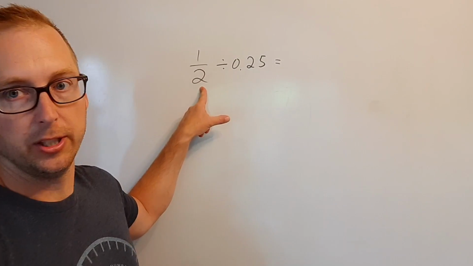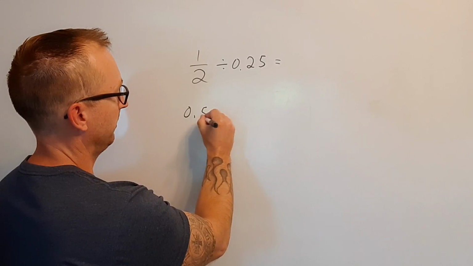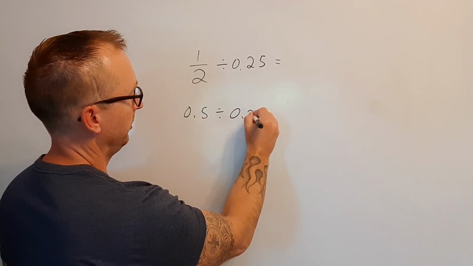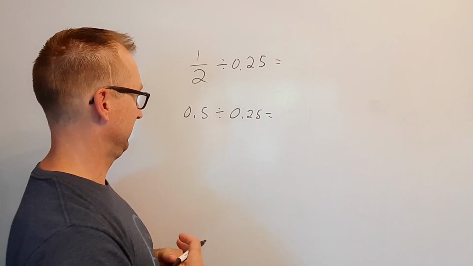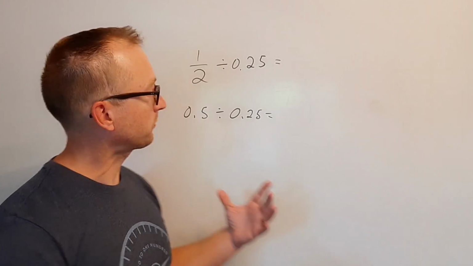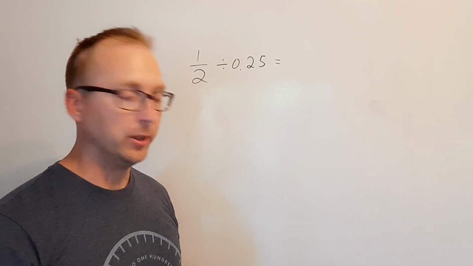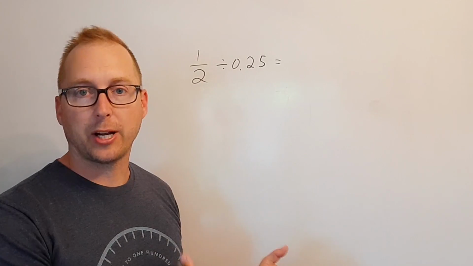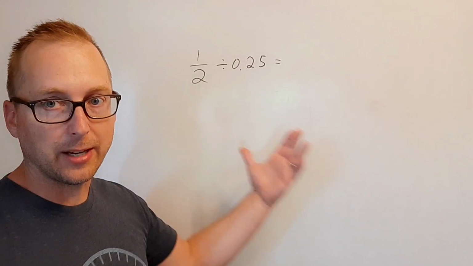We could change this. We know 1/2 is 0.5. So we have 0.5 divided by 0.25. Gosh, that doesn't make it any easier. What else can we do? The easiest thing to do is go with the route that we know. From the first one we talked about, fraction divided by fraction, let's get this into that form.